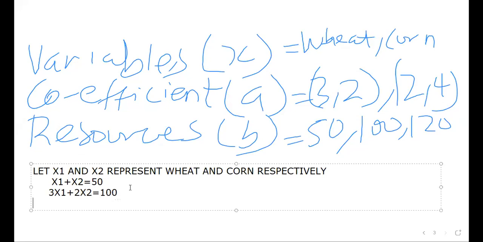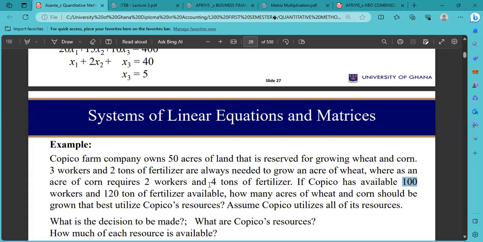And then for the fertilizers, we have 2 fertilizers on wheat and 4 fertilizers on corn.